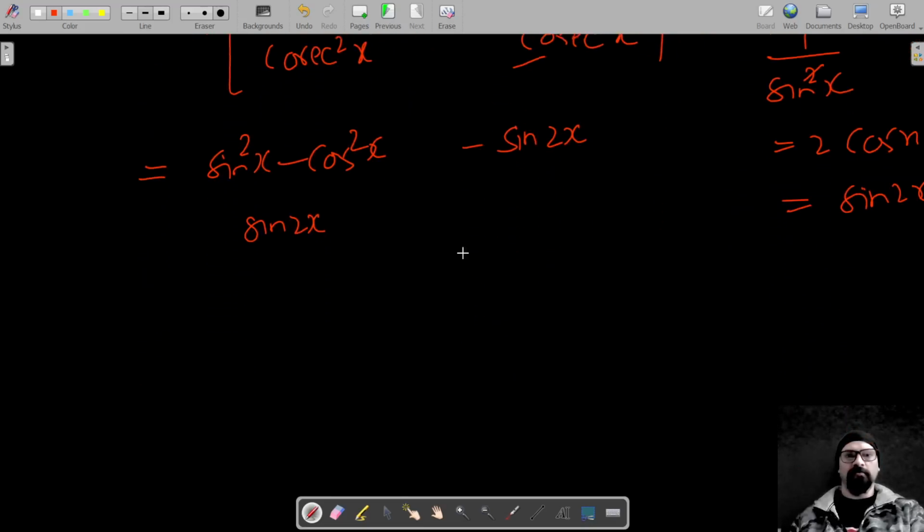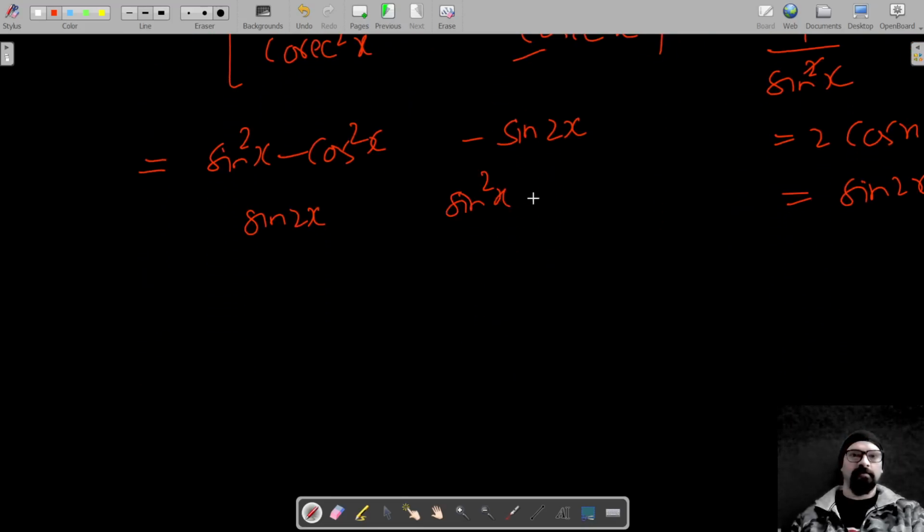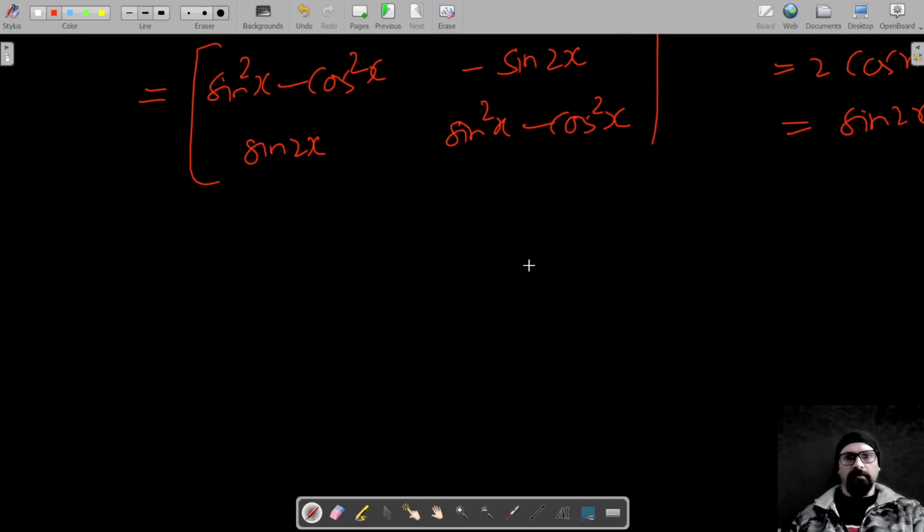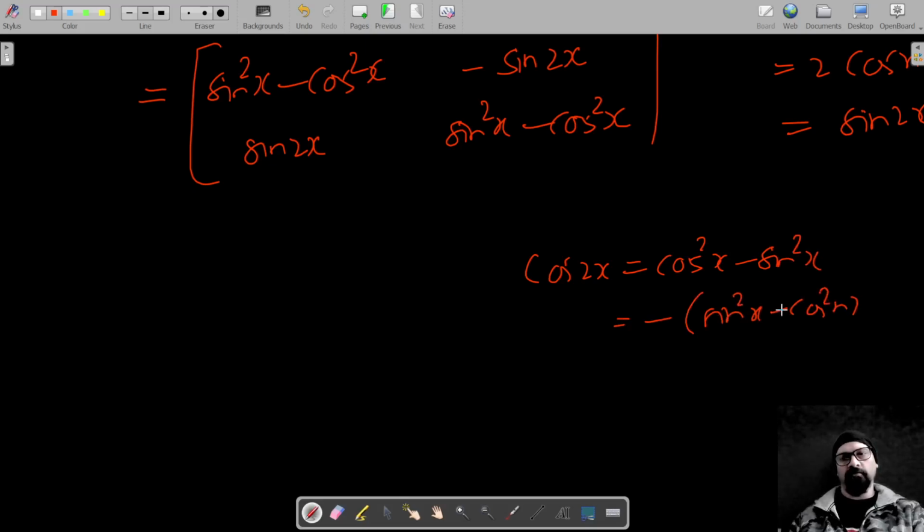So this is sine 2x, and we have already simplified this. So this is equal to sine square x minus cos square x. Okay, now we know that cos 2x is equal to cos square x minus sine square x. So if we take negative out of this, this is sine square x minus cos square x, and this becomes negative cos 2x.